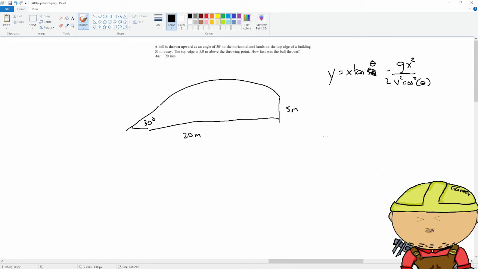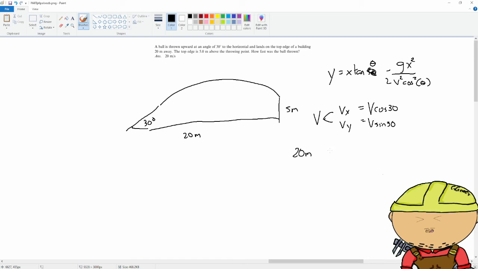But for me, I'm gonna do the component method. We're gonna separate V into two components, Vx and Vy, which is V cosine 30 and V sine 30.